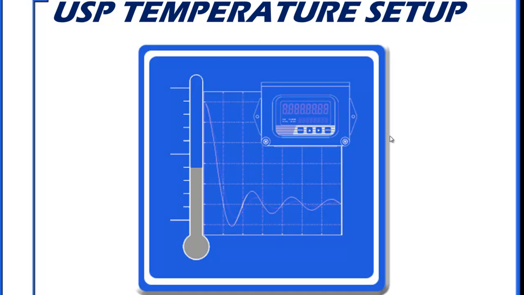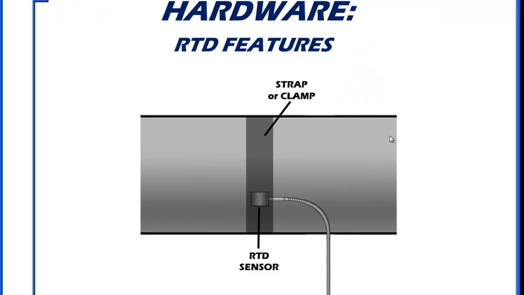If you'd like, you can use our energy meter option and add a strap-on RTD. An RTD strapped on the outside of a metal pipe, between the two transducers, we can give you better than a 1% differential.